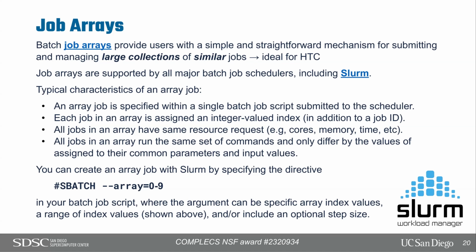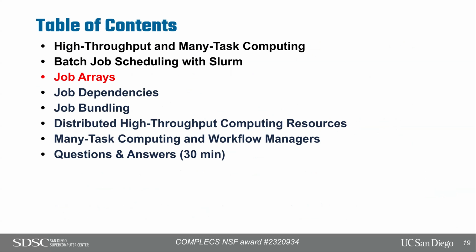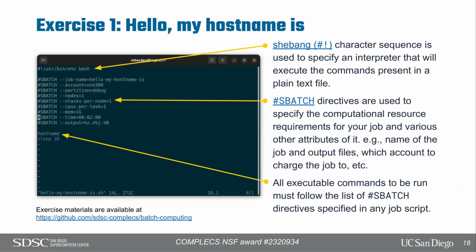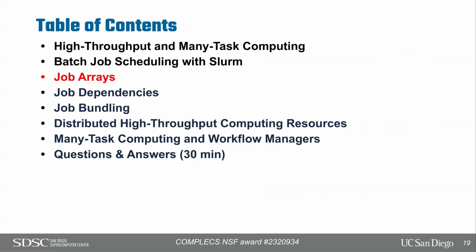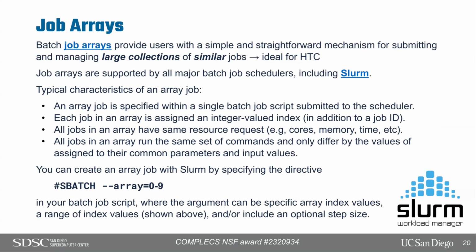Again, an array job is specified as a single job script, just like we had here. It'll look very similar. It's a simple text file that's structured as a shell script. You'll have some resource requests, but you'll have one extra special line that you'll see here, this SBatch array line. But we'll get there in a second.